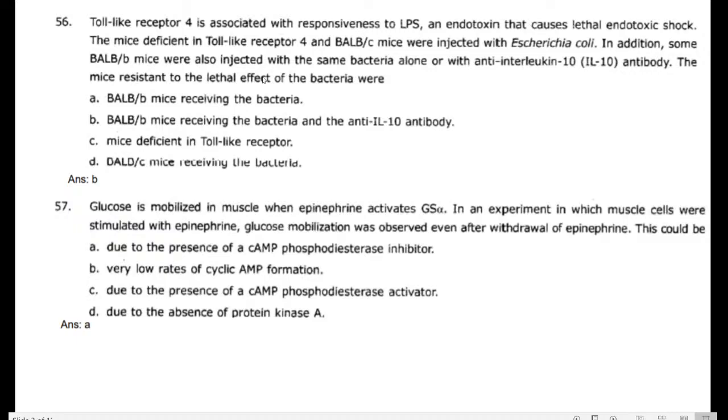The effect on the bacteria, where the mice develop resistance. If the mice are injected with bacteria along with anti-interleukin 10, this kind of injection makes the mice resistant to the particular effect of the bacteria. This is the antibody-assisted injection of bacteria.